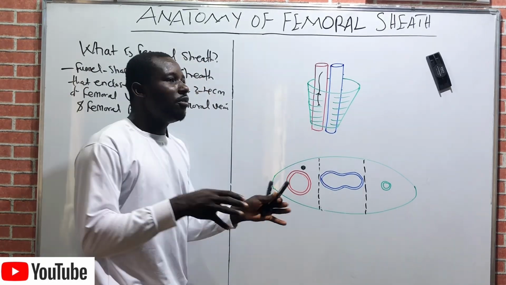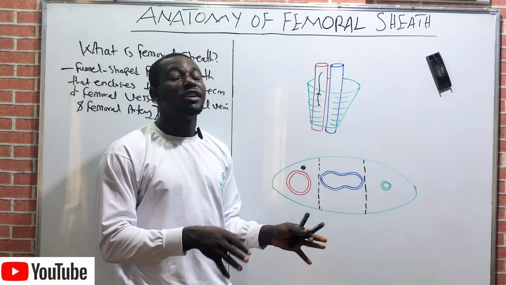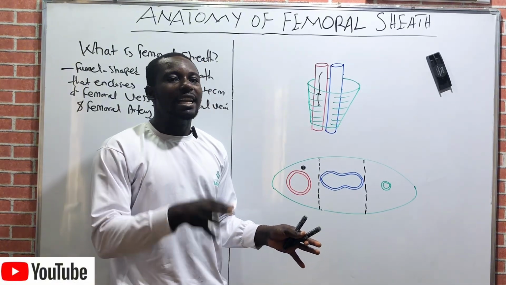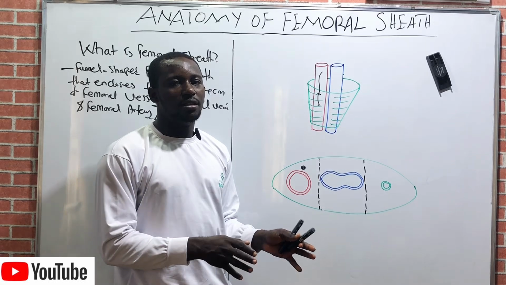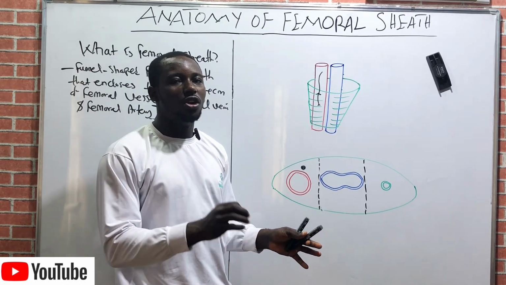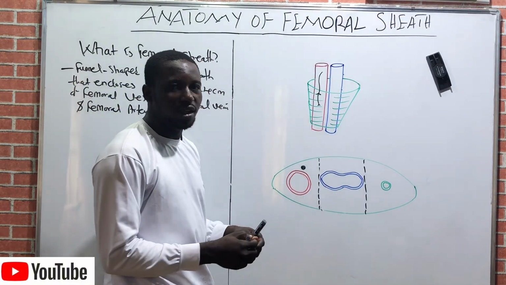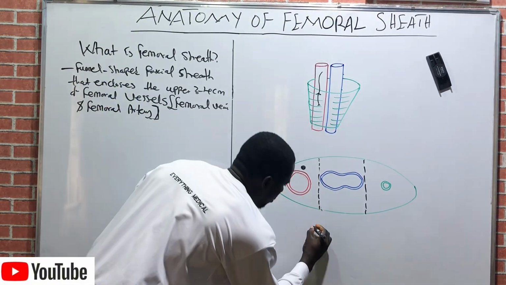Then the femoral sheath is divided into 3 compartments by anterior-posterior septa. It's been divided into 3 compartments by anterior-posterior septa. These are the compartments of the femoral sheath.